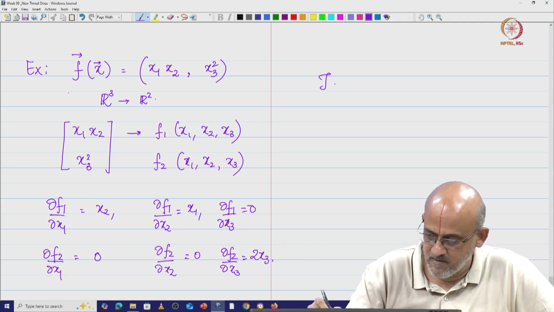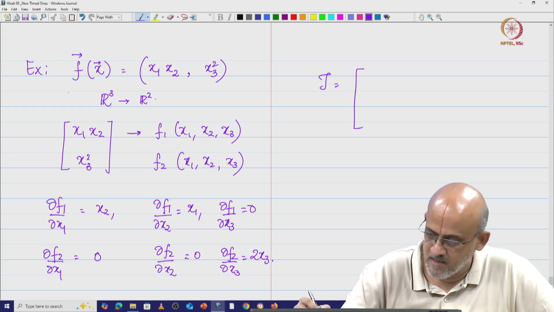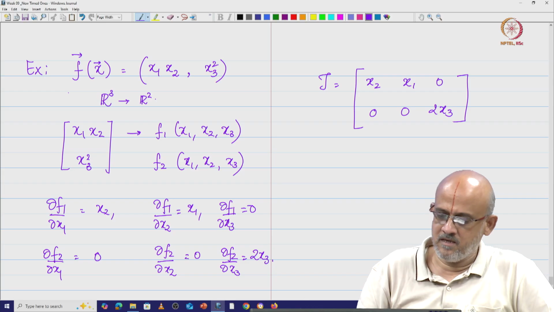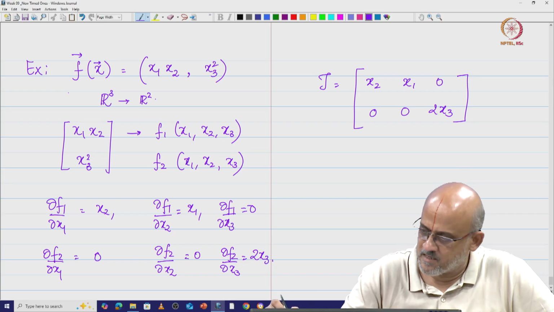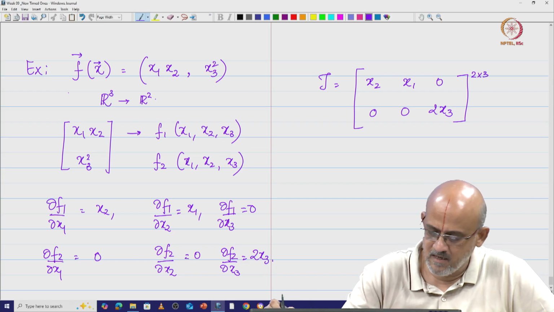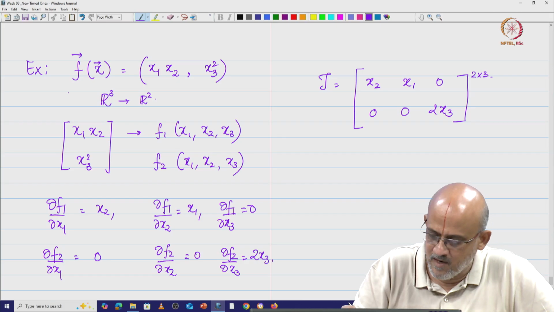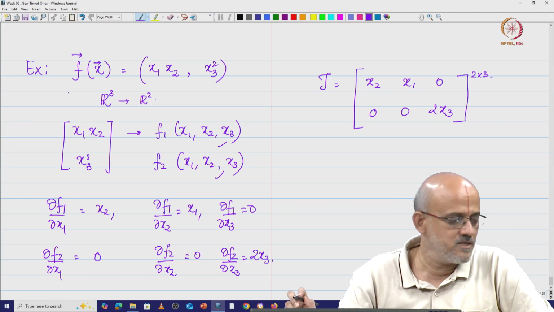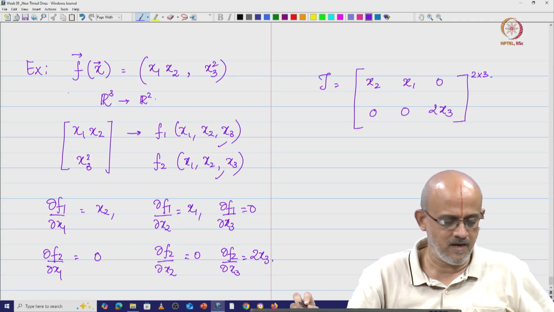Therefore, the Jacobian is going to be x 2, x 1, 0 in the first row and 0, 0, 2 x 3 in the second row. We see that this is 2 by 3, and this is one function of 3 variables. So this is the Jacobian that you have.